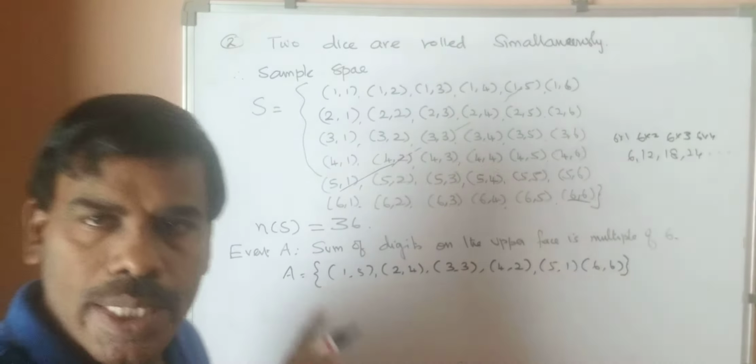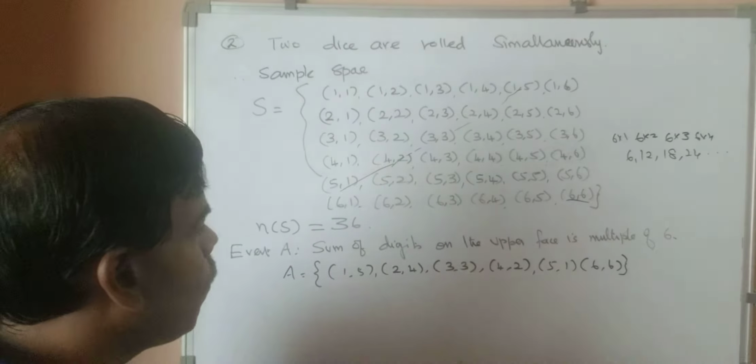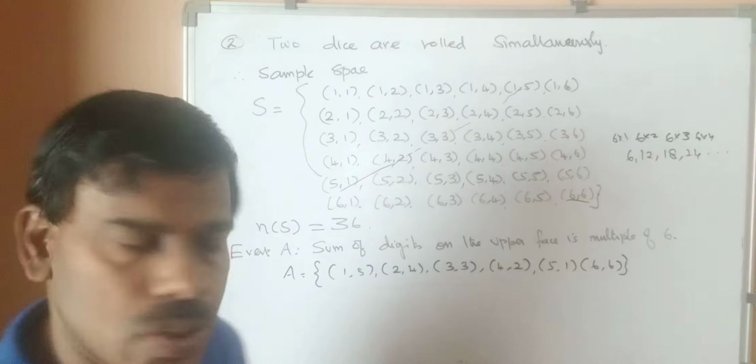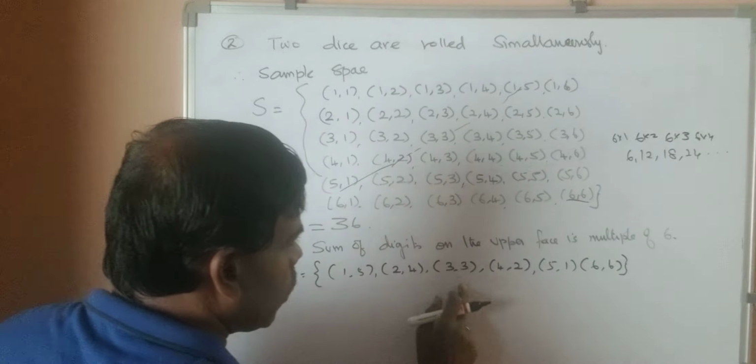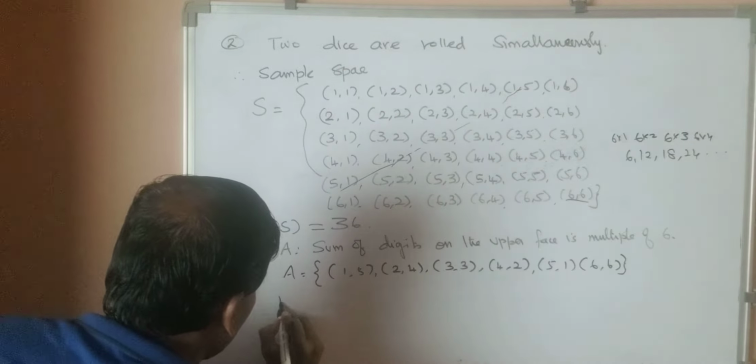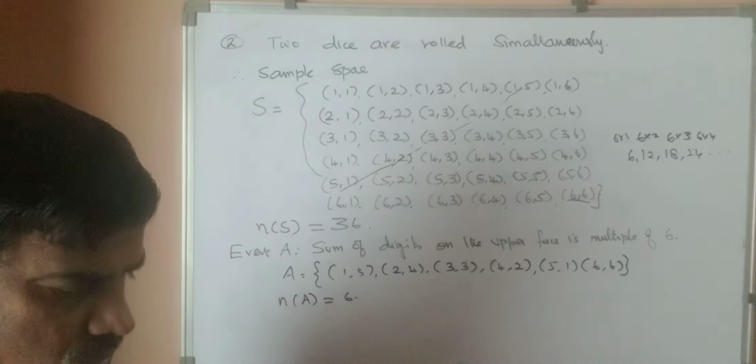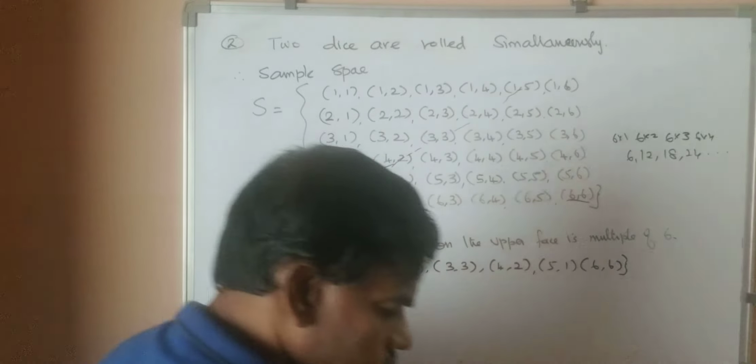So, this is a set consisting of the members whose sum is a multiple of 6. So, how many are there? 1, 2, 3, 4, 5, 6. So, number of sample points in the set A is 6. Followed? Now, another question.